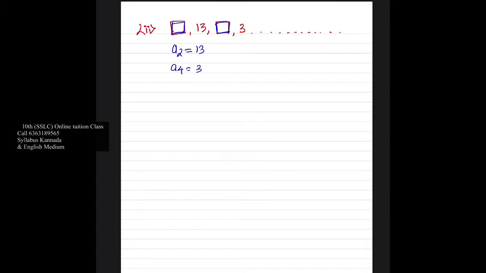So we know the formula, an is equals to a plus n minus 1 into d. Okay, so now what is second term? n is 2.